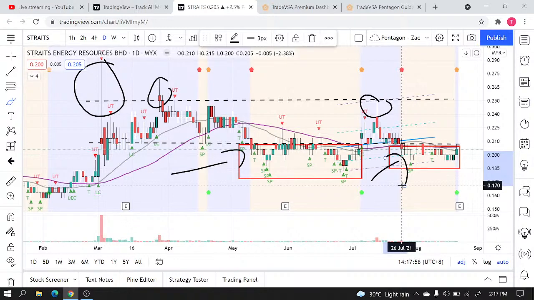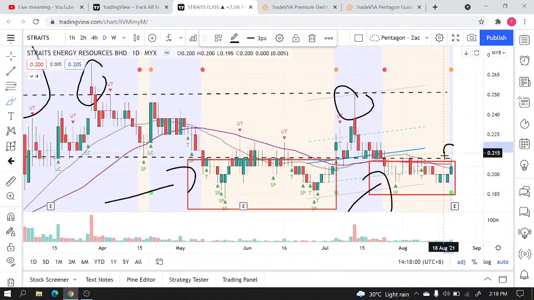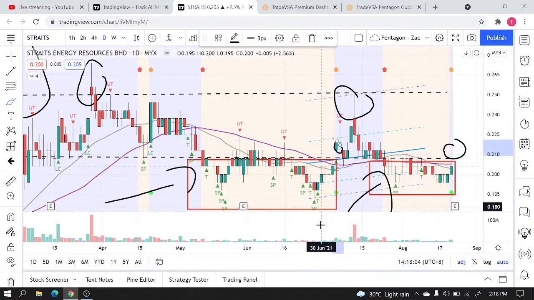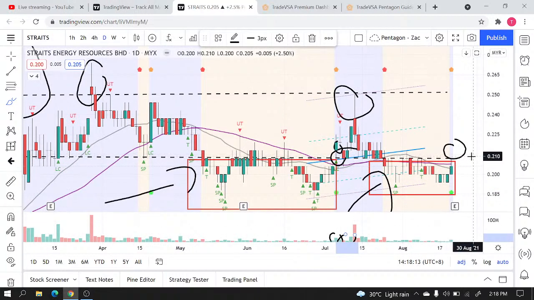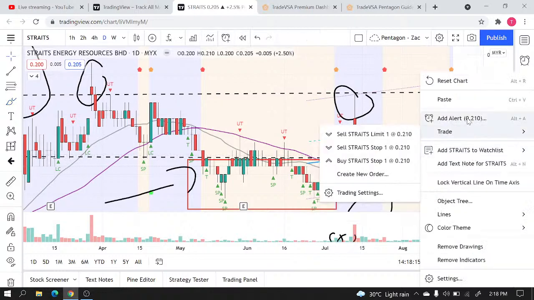So this is what it means. So I will wait for them to complete a shakeout similar to here. Hopefully this up bar comes with high volume, and the next two bars come with low volume, exactly as support. So it's a good stock to pay attention to, I think.